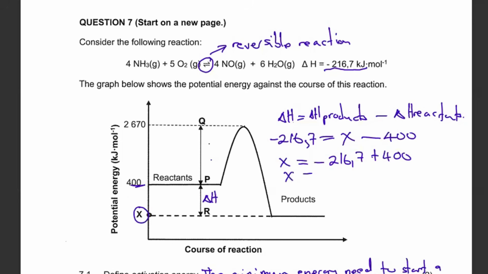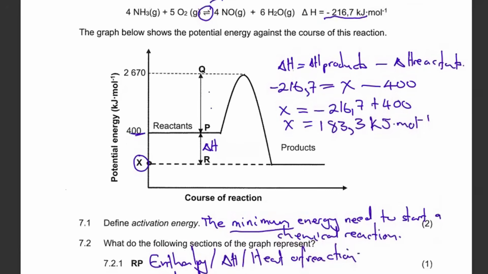So your X is equivalent to, if we do the math there, 400 minus 216.7, and we get a value of 183.3. So your answer there is 183.3. Then don't forget the units of measurement are kilojoules per mole, like that. So that's what we're actually going to get there.